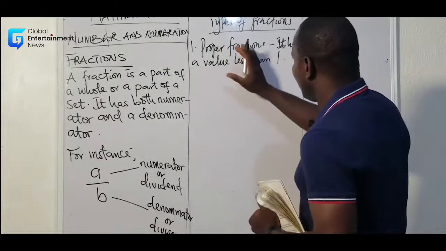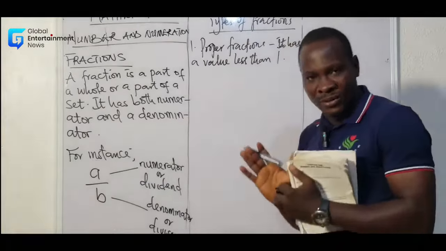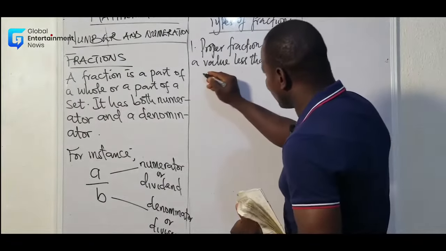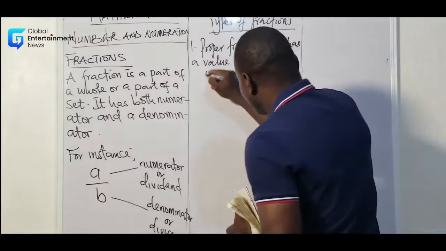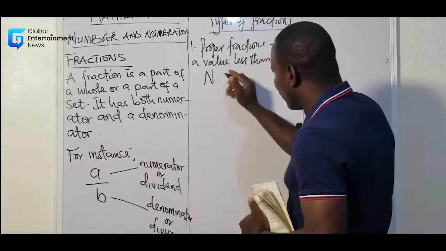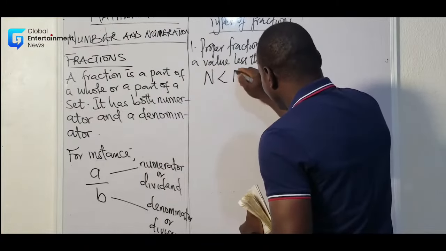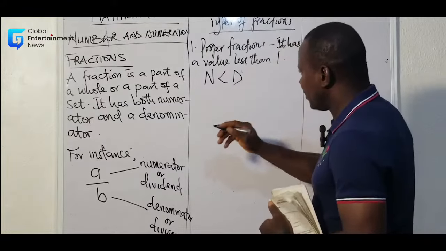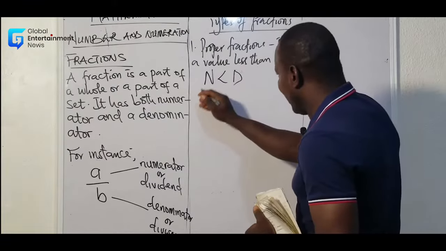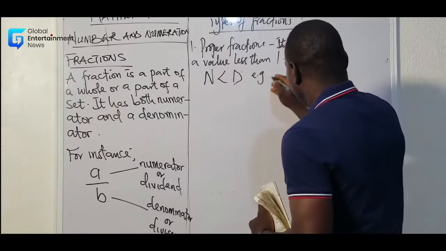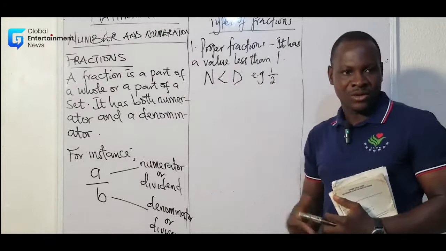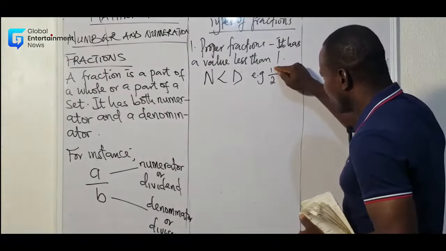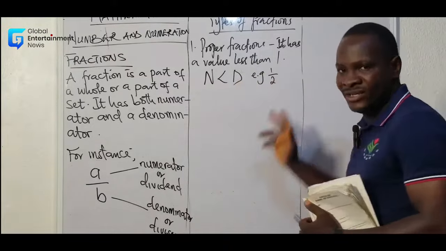In a proper fraction, the numerator is less than the denominator. For example, look at this. If I write 1 all over 2, which one is the numerator? 1, correct. 1 is the numerator, while 2 is the denominator.